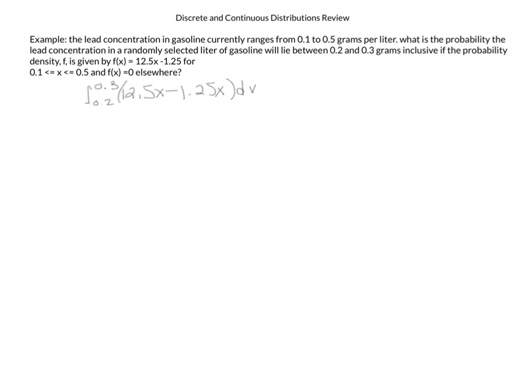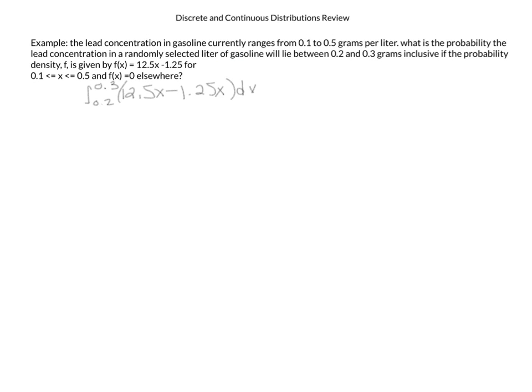So the 0.2 and 0.3 lie within these ranges, so you can just integrate from 0.2 to 0.3 the density function, dx. And if you do all the integration and plugging in, you should get 0.1875.